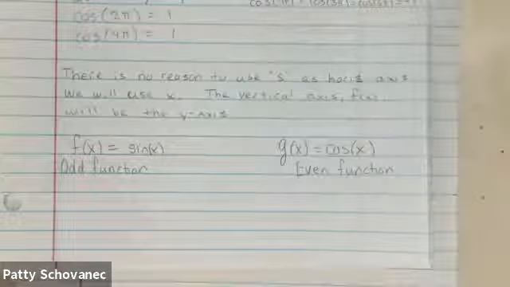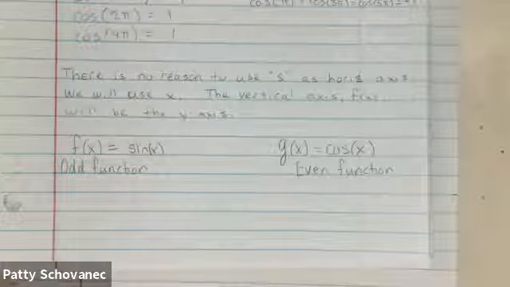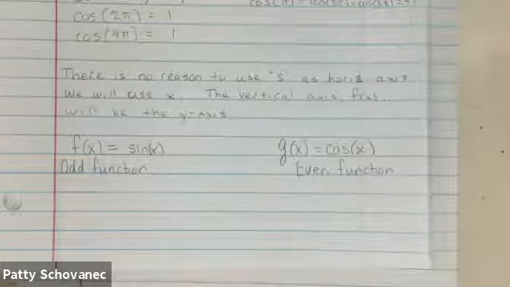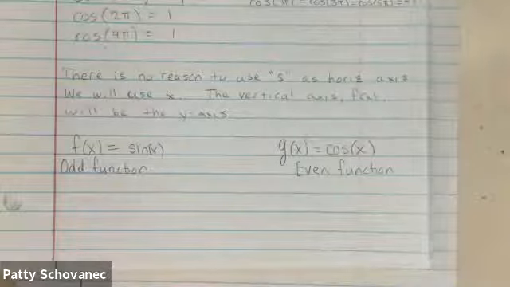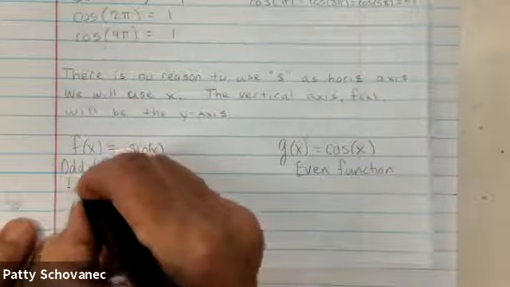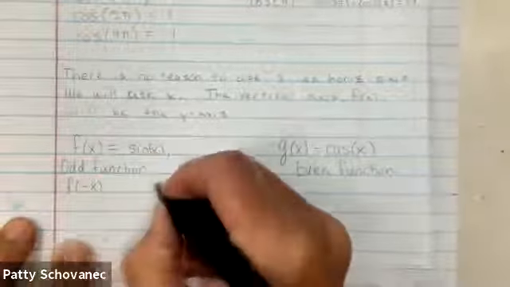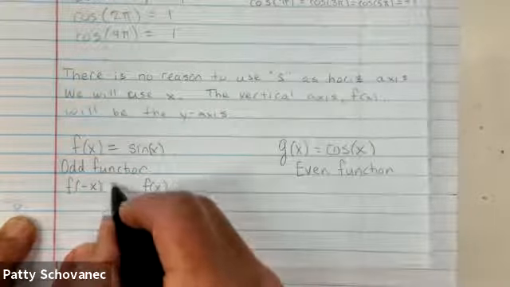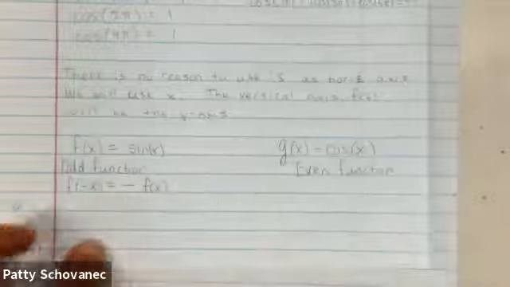In general, a function is odd if it has the same y value at the x and the opposite of x, but that y value is opposite in sign. It says that f of the opposite of x when compared to f of x are the same number, but opposite in sign.